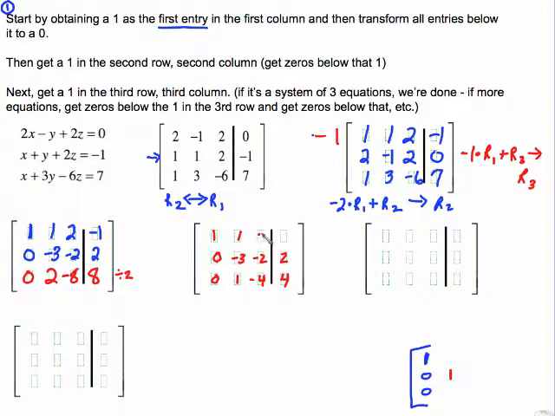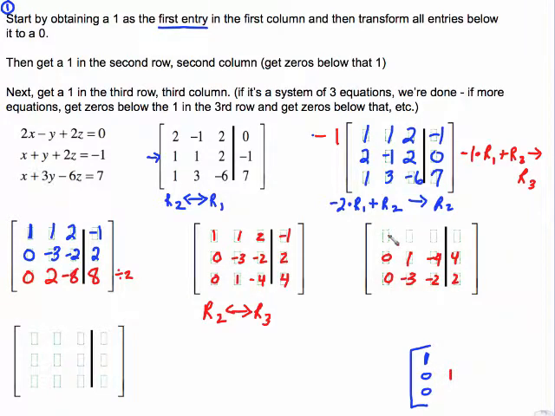And you're saying, why would you do that? Well, what I need is a 1 in this position, and I know I'm allowed to interchange these rows. So if I take row 2 and row 3 and interchange them, I will have a 1 where I want it. This row will now be 0, 1, -4, 4, and this will be 0, -3, -2, 2.